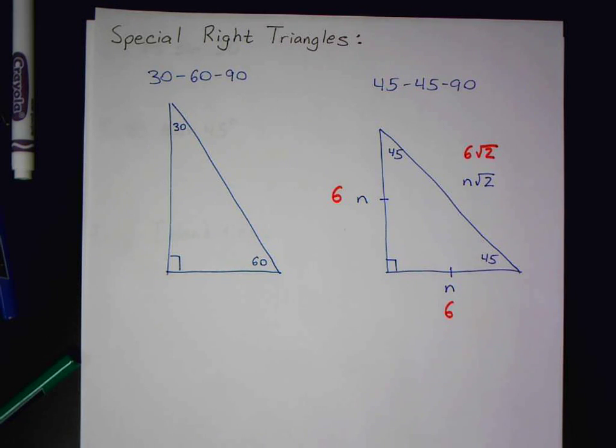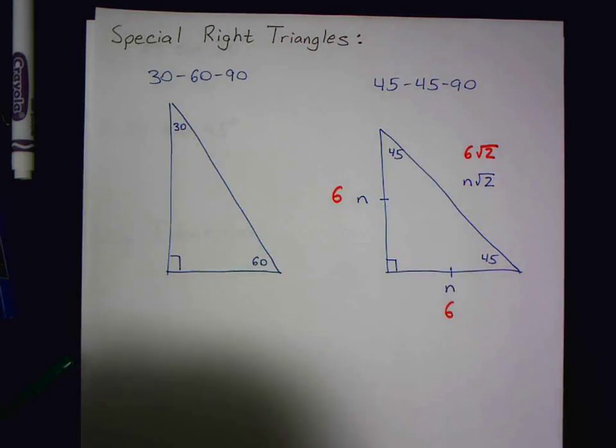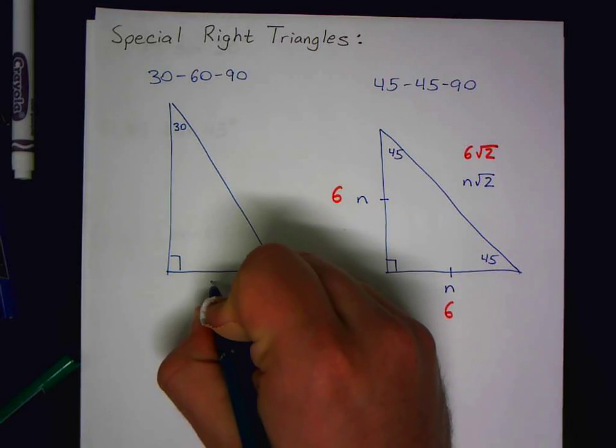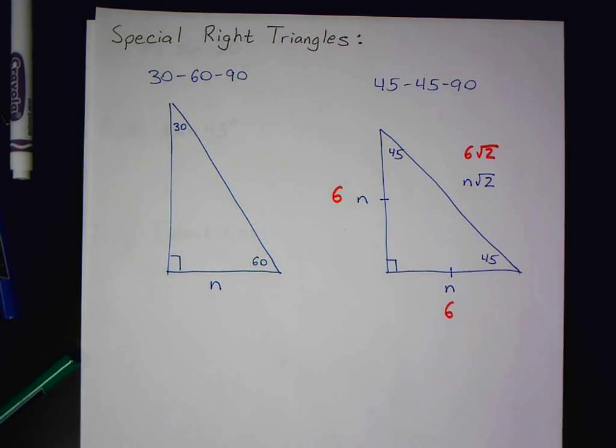All right, 30, 60, 90. What we try to do is we always try to keep the shortest side equal to the individual variable because it makes the calculations easier. So we take the shortest side and we're going to make that side n. And we could really do that with any of the sides, but it makes it easiest if you use the shortest side.